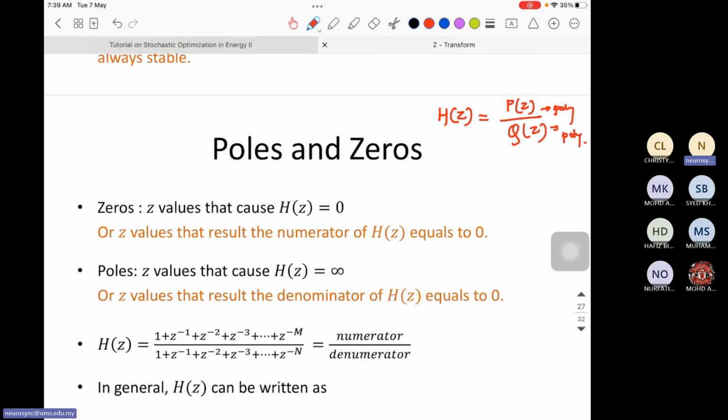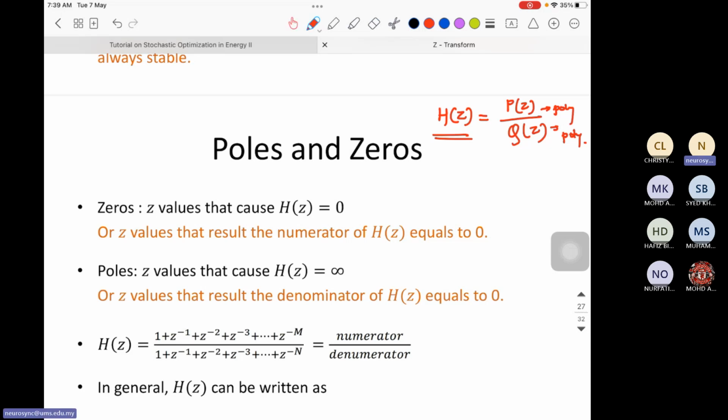The poles and zeros of the system can be defined like this. Zeros are the values of z that cause H of z to equal 0.